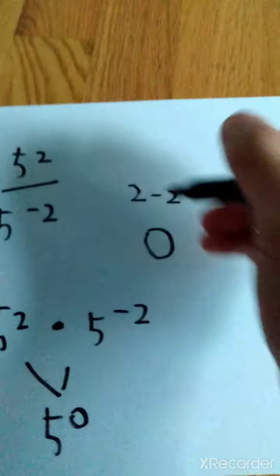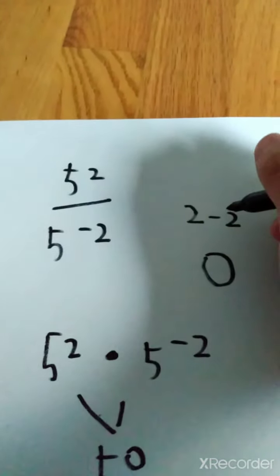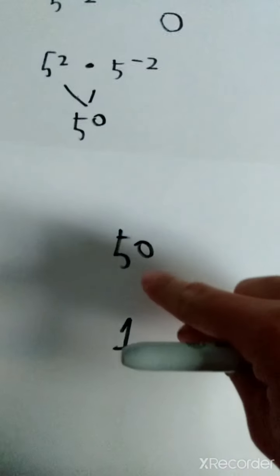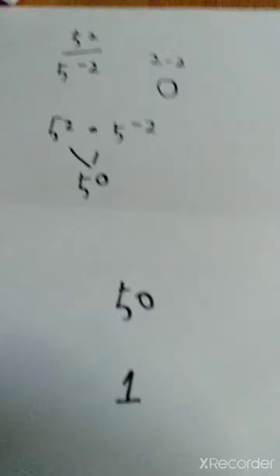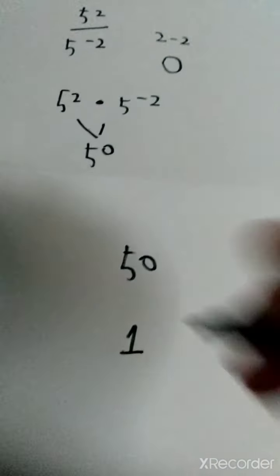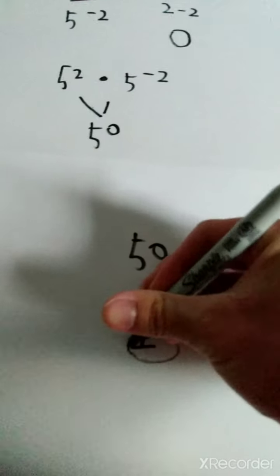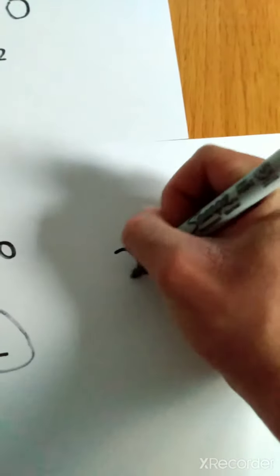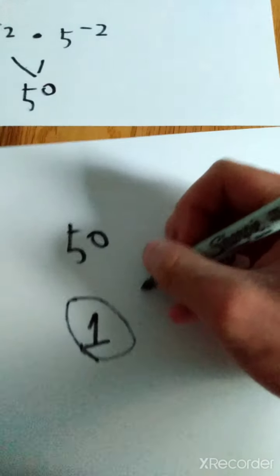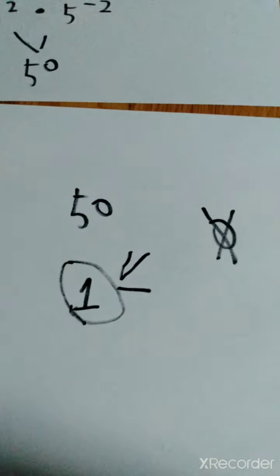When we add 2 and negative 2, we get 0. So 5 to the power of 0 is going to equal 1. That is a simple way we can prove why it's 1 and not 0. Zero's power is not 0. It's 1. We won, 1.